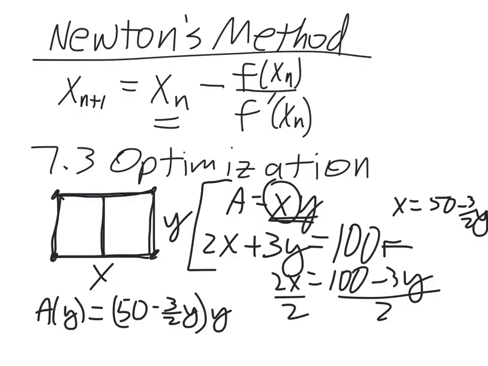Most always we'll have some form of equation that we're trying to maximize or minimize in 2 variables, and then some other information like this that we can solve for one of the variables, substitute it in, and make it a function of just one variable.